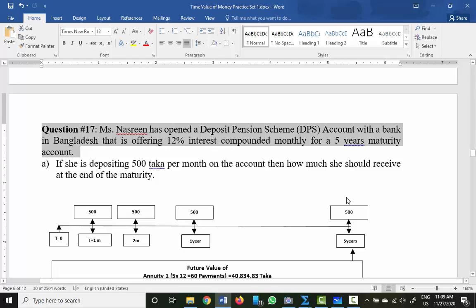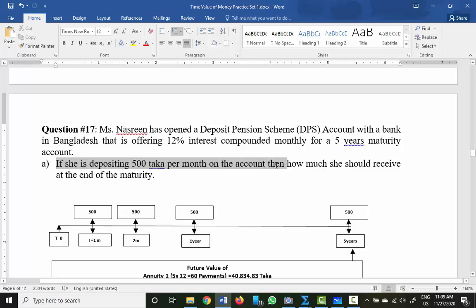The question is asking, if she deposits 500 taka per month, how much should she receive at the end of maturity?